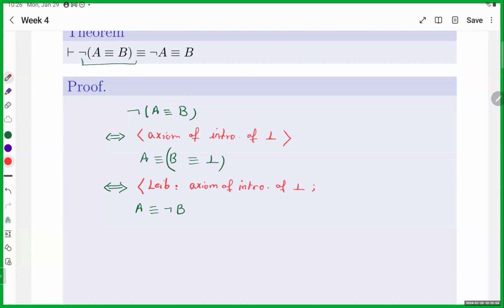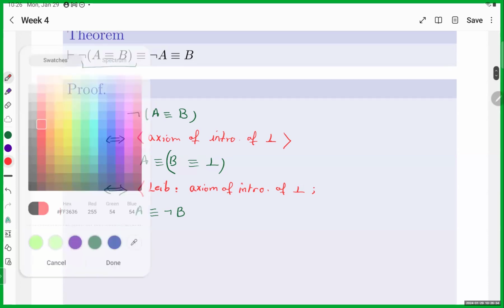But what is the C part of the Leibniz here? Note that Leibniz told me that if I know two formulas are equivalent, then if I pick any variable P and any formula C, if I replace that P with those two formulas, the resulting formulas are going to be equivalent. Now, where did I apply this exactly?